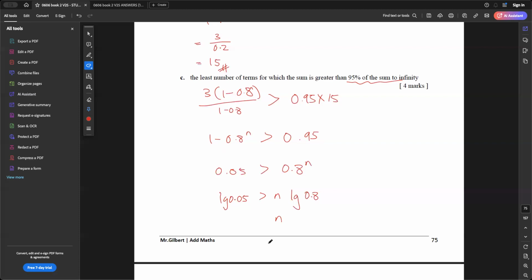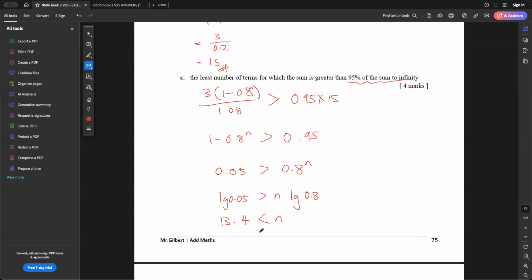So meaning to say, when you bring log to the right-hand side, to the left-hand side, it actually flips the symbol one more time. So n must be greater than log 0.05 divided by log 0.8, which is 13.4. N must be greater than 13.4.